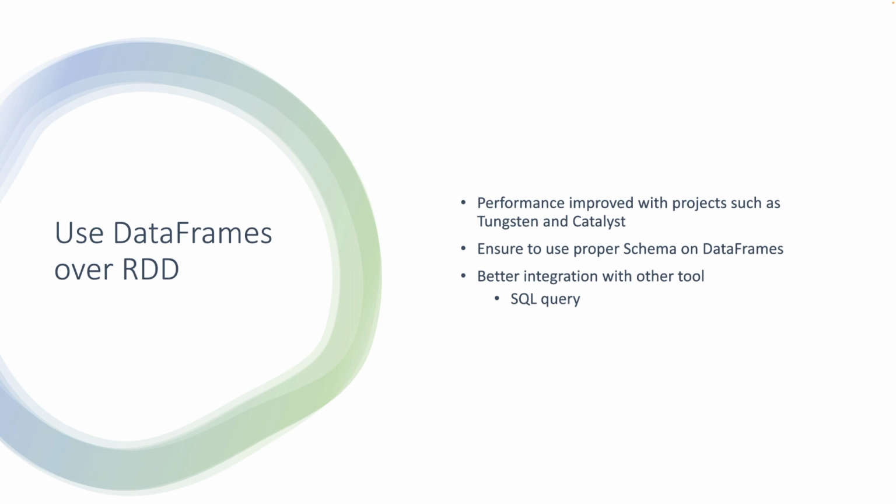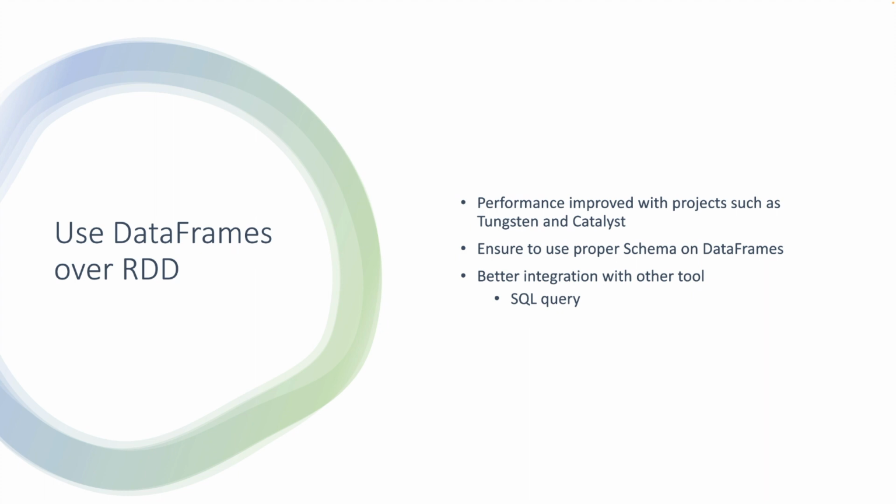And the reason for this is that Spark data frames are highly tuned for performance using projects like Tungsten and Catalyst. And it also makes sure that you have a good schema associated with your columns, and as a result it's able to do all sorts of optimization that you would otherwise not be able to get using RDD, right? And lastly, DataFrame also has very good integration with SQL queries.